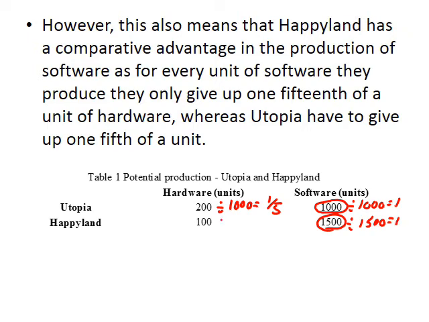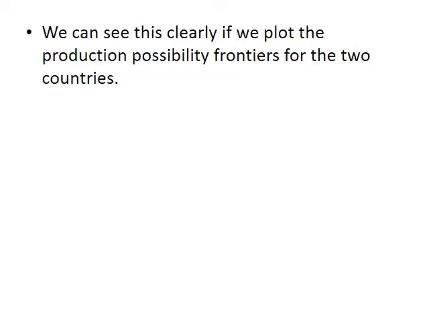We divide one side by 1,500, we divide the other, and we get 1/15. So lo and behold, Happy Land does indeed have a comparative advantage in software, because they give up less, meaning 1/15 of a unit of hardware, than Utopia would, because Utopia has to give up 1/5 of a unit.